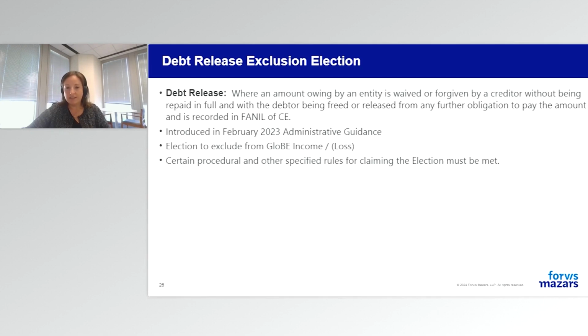So in this case, if the amount was included in your FANL with no corresponding increase in adjusted covered taxes, the constituent entity could end up in a substantial top-up tax position, which the guidance points out would go against the policy objective of using the tax system to assist financially distressed entities. So with that in mind, they provided this election to exclude such income from GloBE as well.